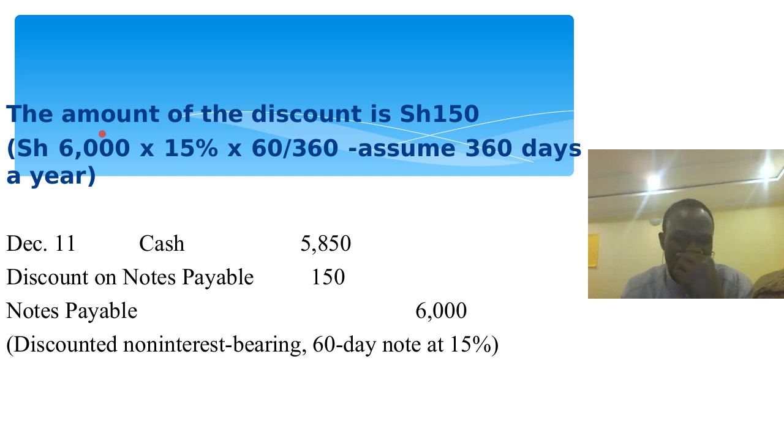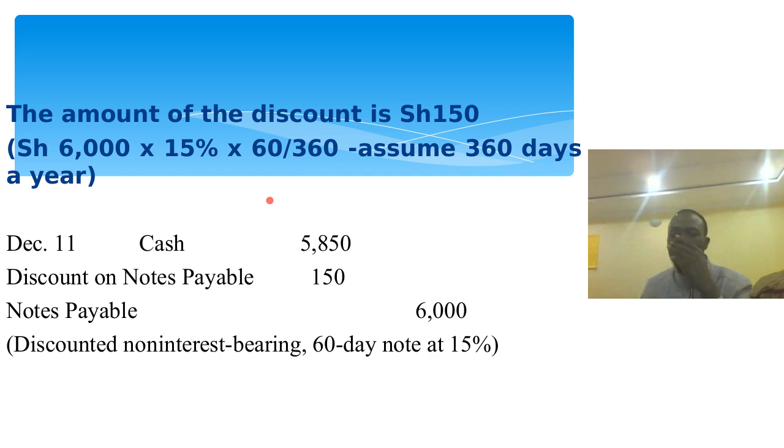Now for the 60-day, again, we assume a year has got 360 days. So to calculate the discount, we'll just have the amount on the note, which is 6,000. Then we multiply this by 15%, 15 over 100, times 60 over 360. So we are assuming that a year has got 360 days.